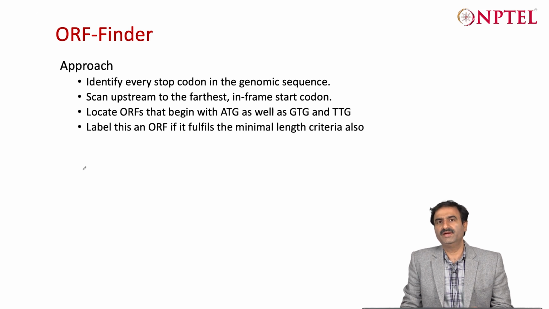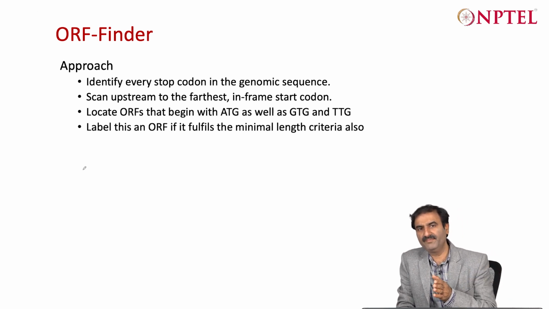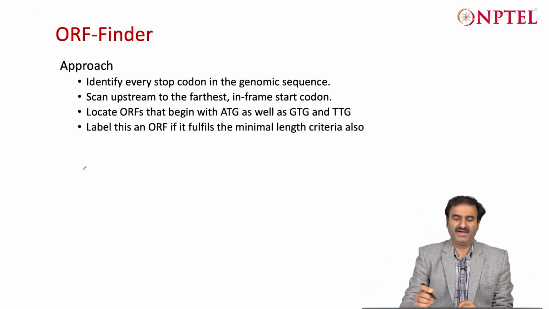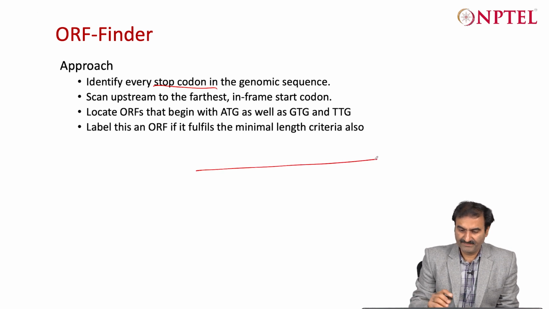The approach of ORF Finder is very simple, as we discussed earlier in this lecture. It wants to find all the regions which have a start codon and in-between codons, basically an open reading frame sufficient to be called a gene, right? So it identifies every stop codon in the genomic sequence. For example, this is your sequence.